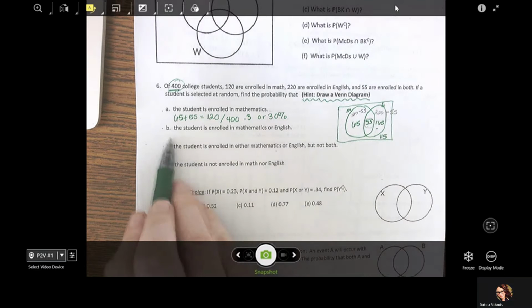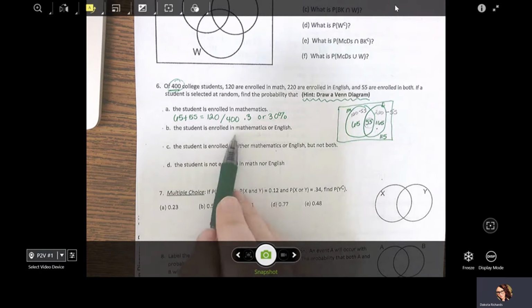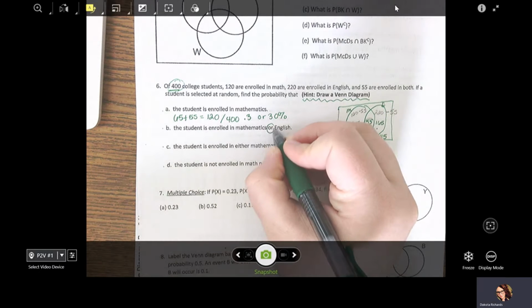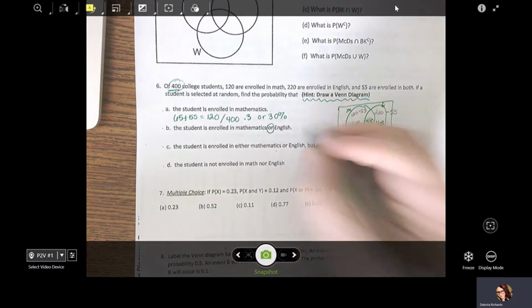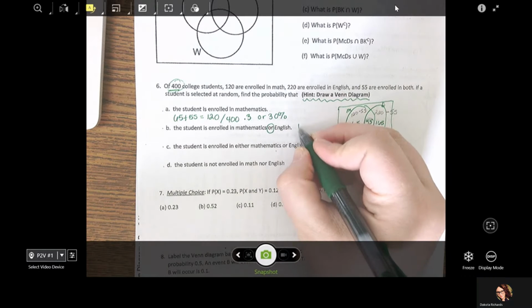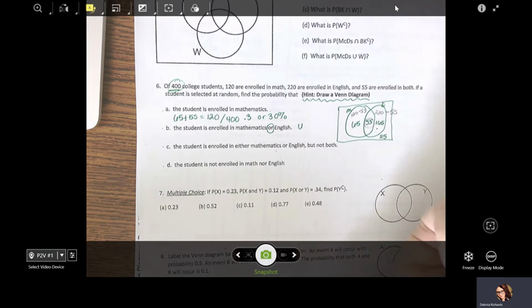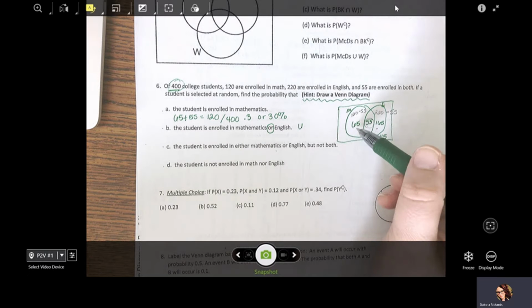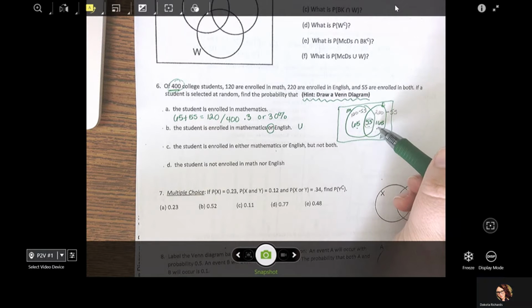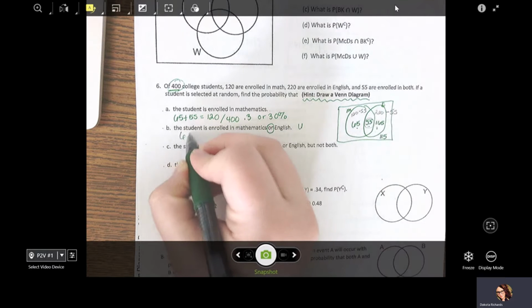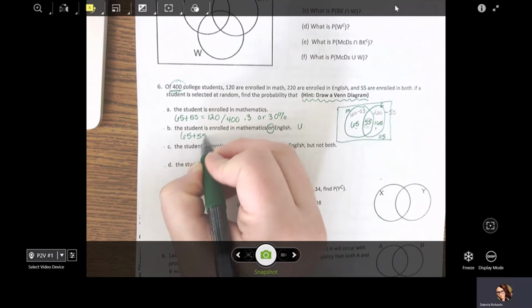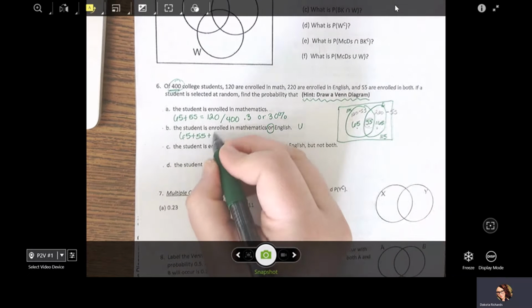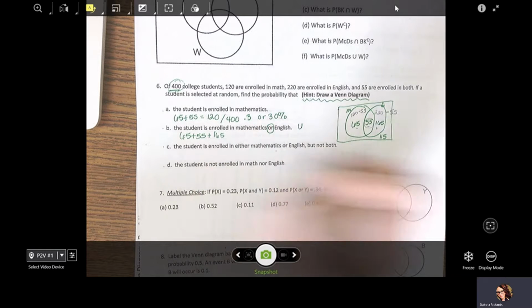Okay. B, what is the probability that the student is enrolled in mathematics or English? Remember this symbol? You might also see that symbol. That means or. That means they can be in one or the other category or both. Okay, so you're going to basically add up all the numbers here. 65, 55, and 165. They're either in one or the other.